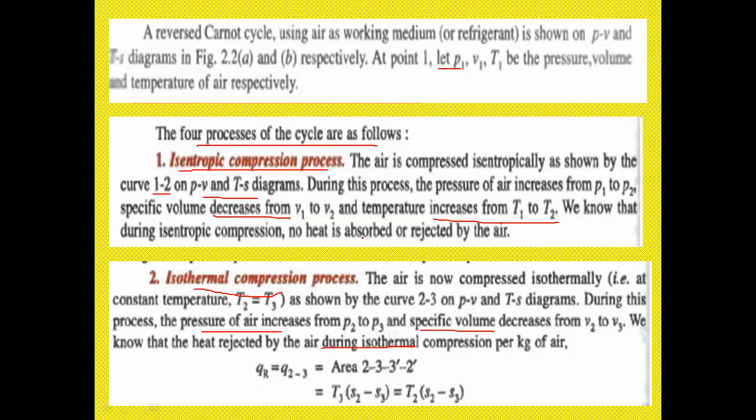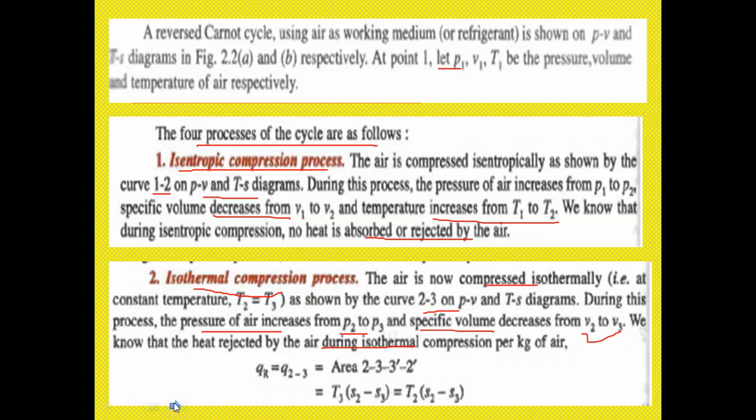Here no heat is absorbed or rejected by the air. In the second process, the air is compressed isothermally, as shown in the curve 2-3. Here the pressure increases from P2 to P3 and the specific volume decreases from V2 to V3. Heat is rejected by the air during the isothermal compression process.